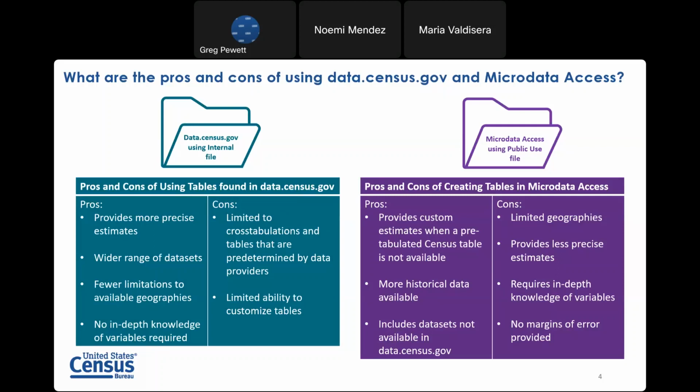Now for the cons, since this data is able to be tabulated and weighted by the user, we do have limited geographies available. Since it is pulling from a smaller sample, it does provide less precise estimates. It does require some more in-depth knowledge of variables, and no margins of error are provided.